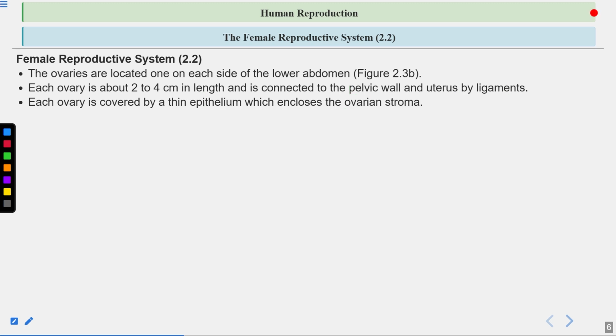Each ovary is covered by a thin epithelium which encloses the ovarian stroma. Within the ovary, the ovarian stroma is present, and within this ovarian stroma, blood capillaries are present.